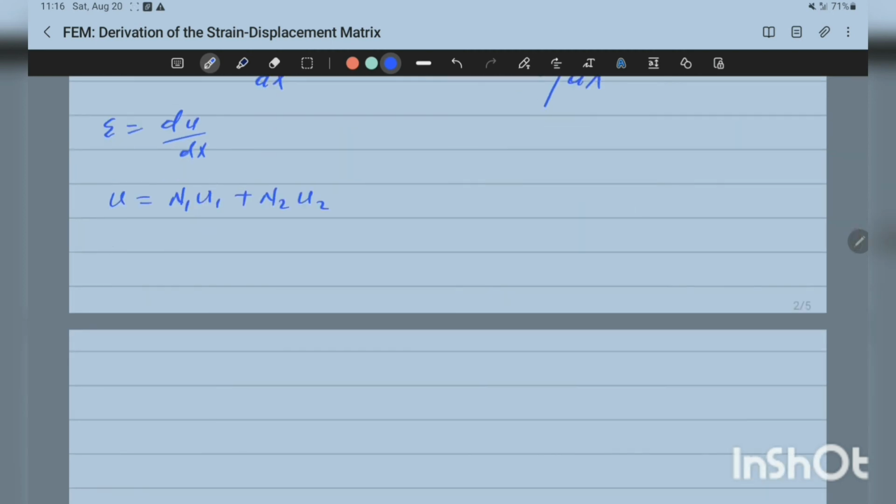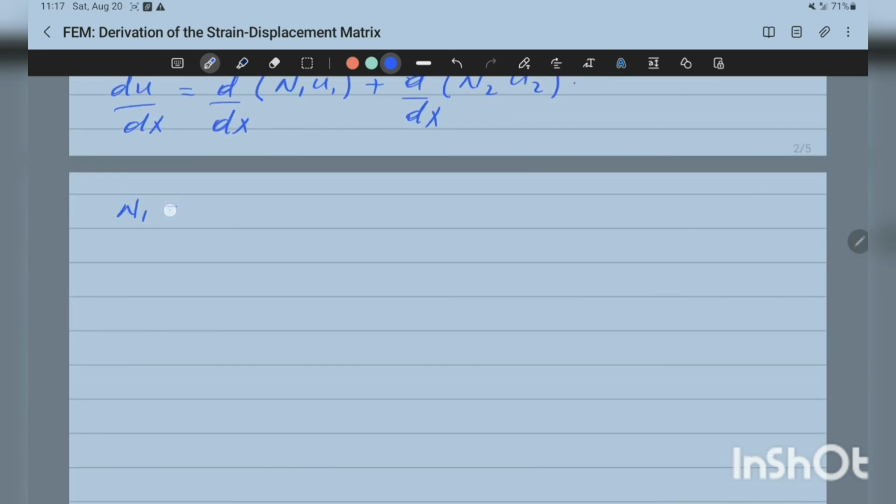So du dx now will be d/dx of N1 u1 plus d/dx of N2 u2.